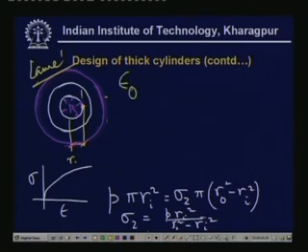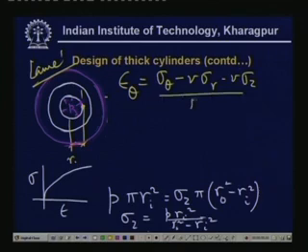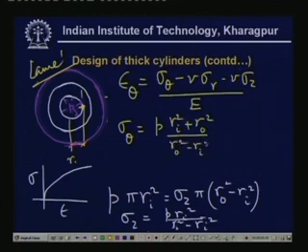Epsilon theta, the maximum strain along the circumferential direction, is equal to (sigma theta minus nu sigma r minus nu sigma z) divided by E. The maximum strain will be at the inner surface, and here sigma theta is equal to P times (ri square plus ro square) divided by (ro square minus ri square).